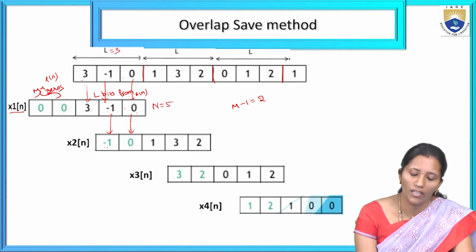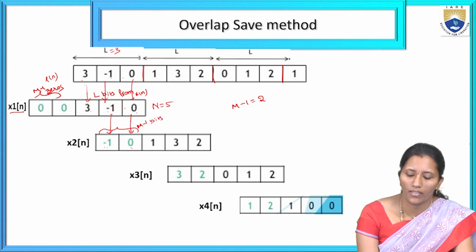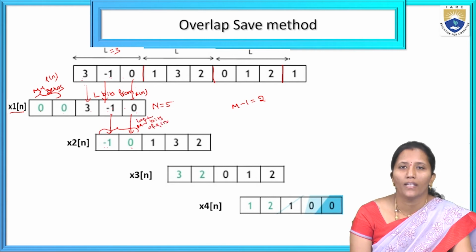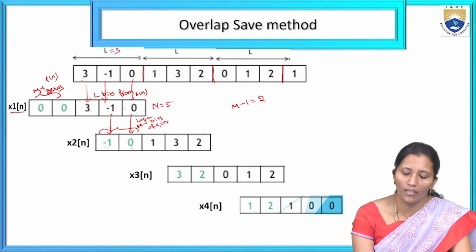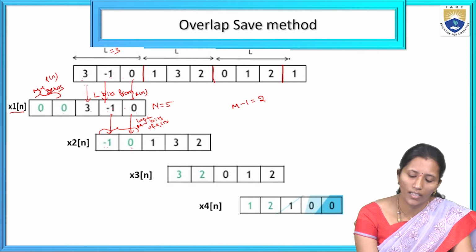So -1, 0 will come here, and the next L values are 1, 3, 2. Already 3, -1, 0 we added in x1 of n. Here 1 will come here, 3 will come here, and 2 will come here.